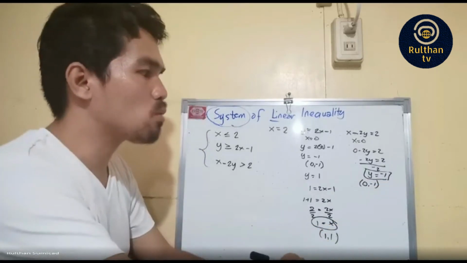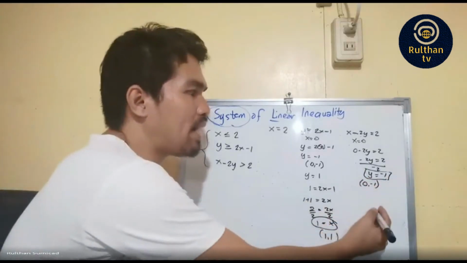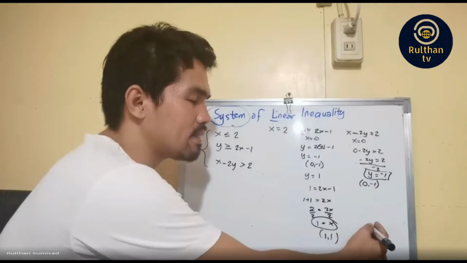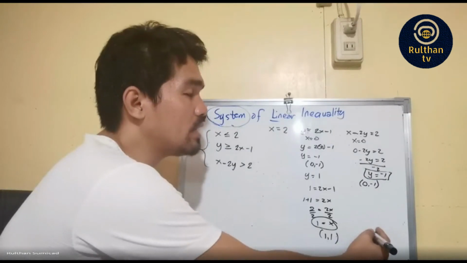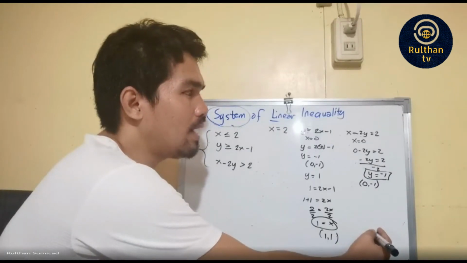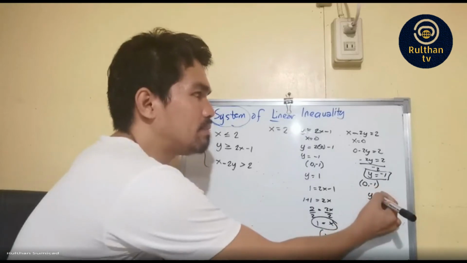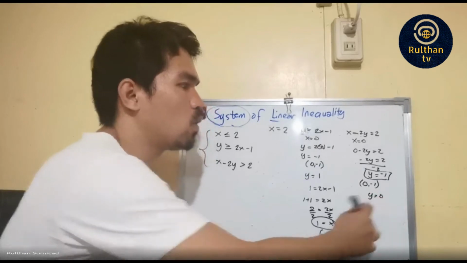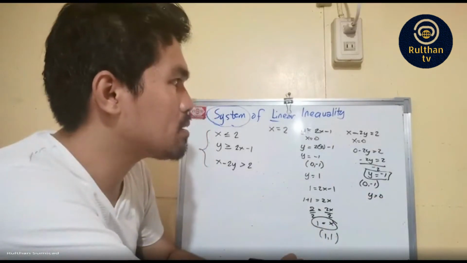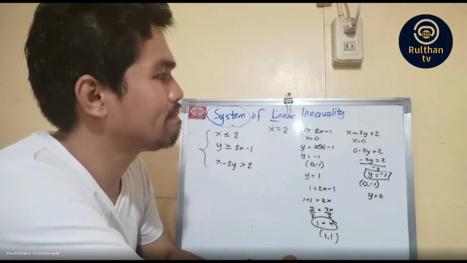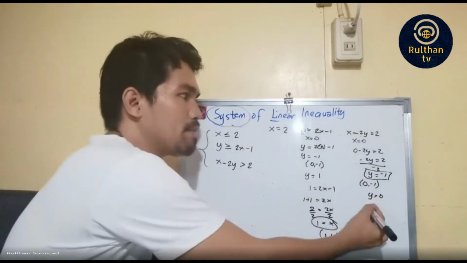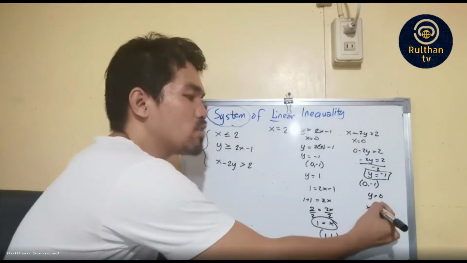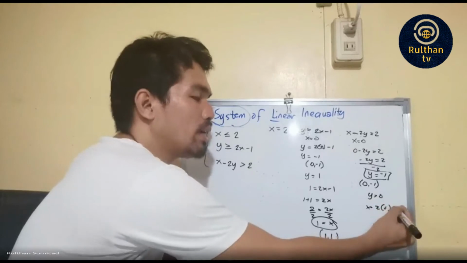And then for the next one, for the x-axis intercept, let's say y equals 0. At y equals 0, what must be my x? That is x minus 2 times 0 equals 2.